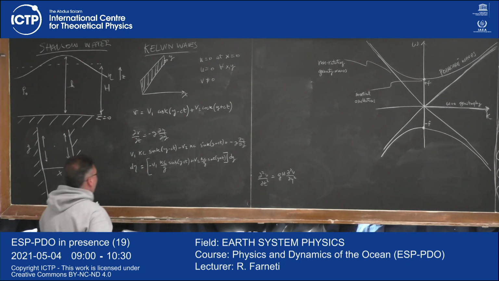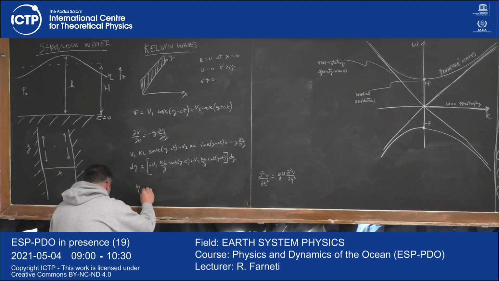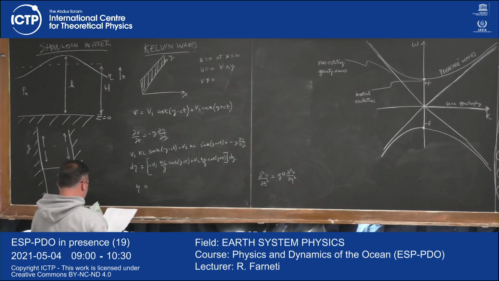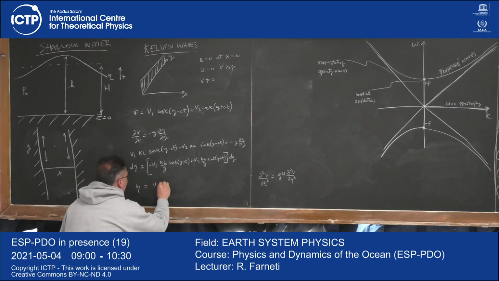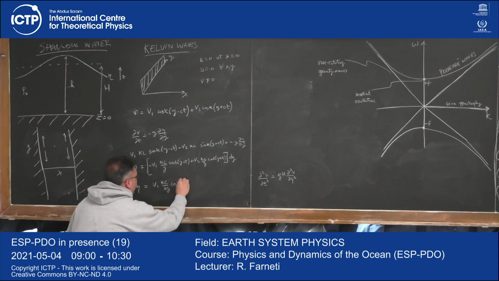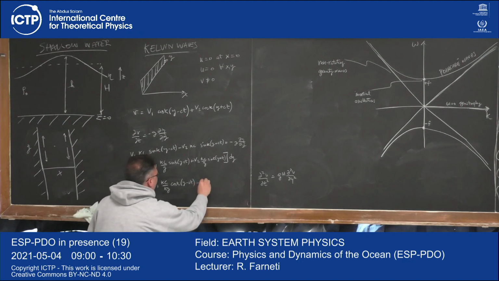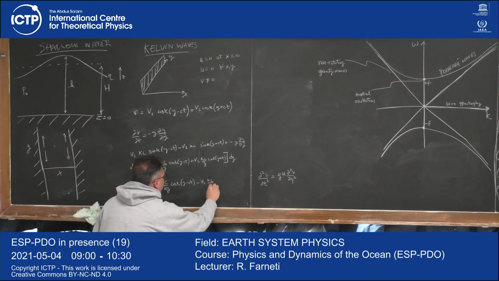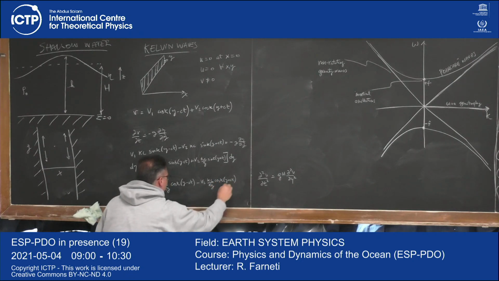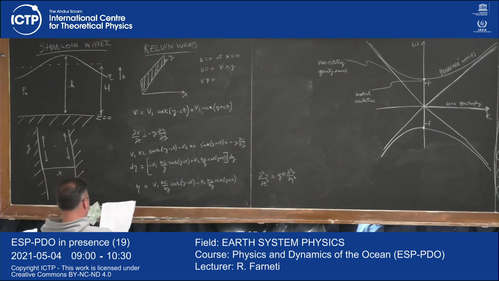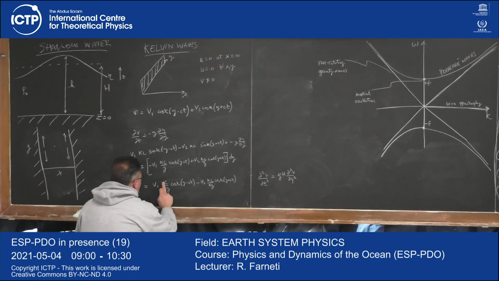Function of y. And so this is going to give me a solution that is minus. Yes. So d by y is going to be V1 KC over KG cosine of K1 minus CT minus V2 KC KG cosine. This kappa goes away.